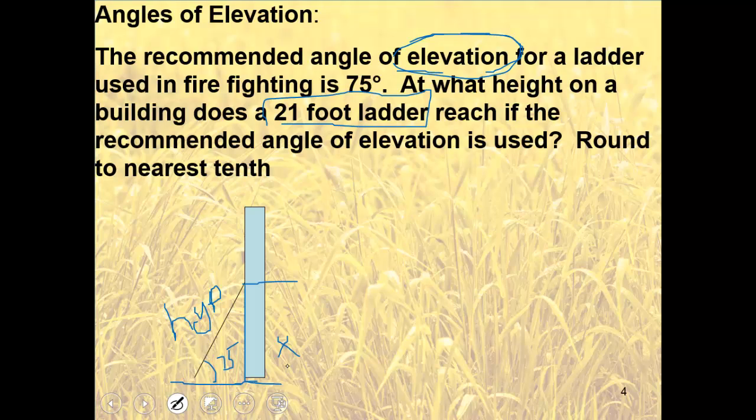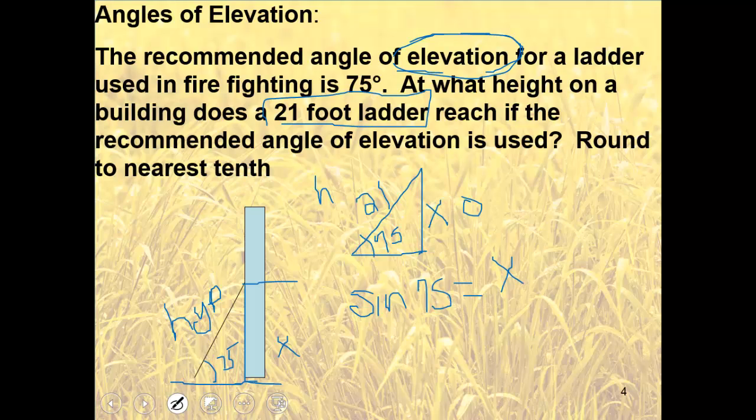So if we were just to draw the triangle, we would have x, we would have 21, because that's the length of our ladder, and we would have 75. So now, which trig function do we want to use? We have opposite and a hypotenuse. So we would use the sine of 75 degrees has to equal x over the hypotenuse, which is 21.